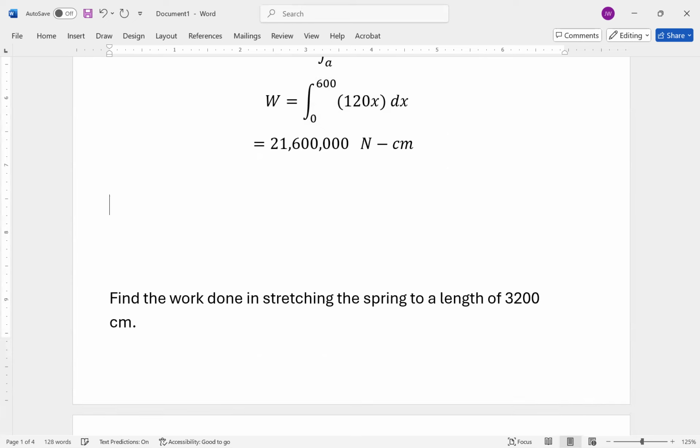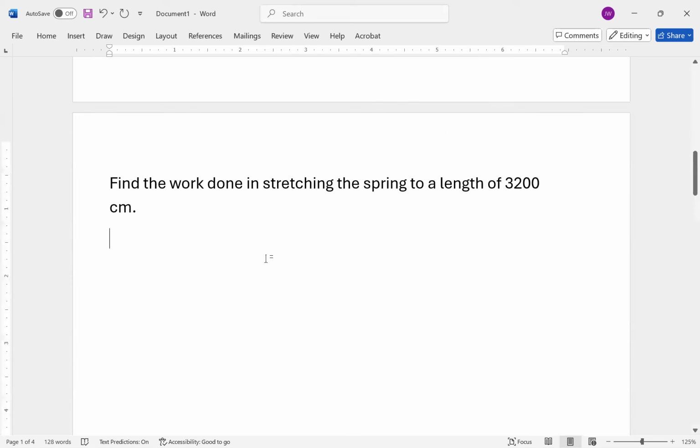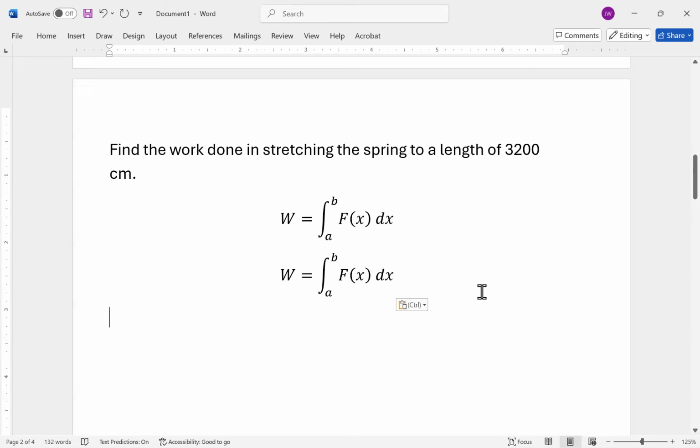In a similar way, we can calculate the work done in stretching the spring to a length of 3,200 centimeters. Again, this is implied, it's from our original length. So that means from 0 stretch, remember that the original length of this spring is 2,000 centimeters.